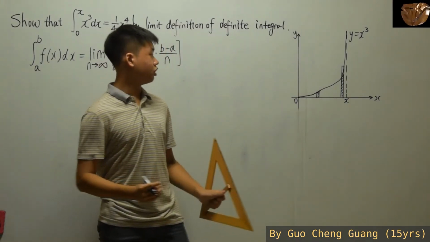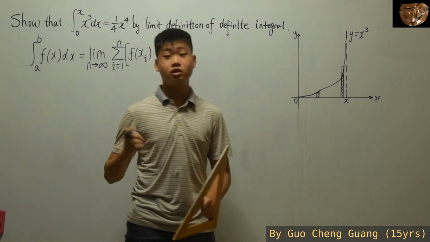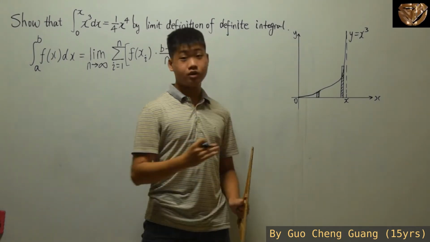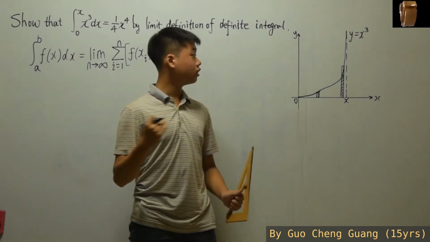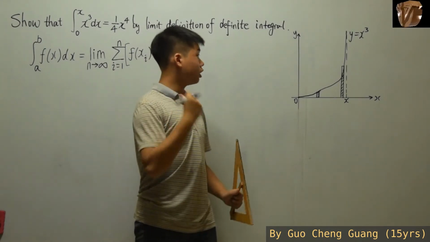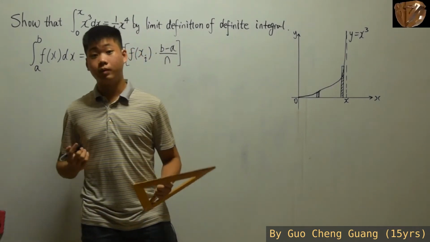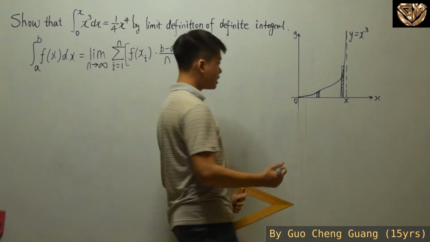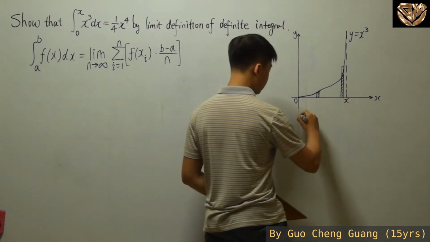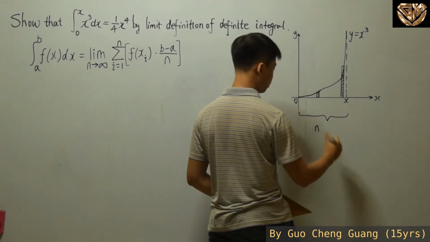Alright, but of course it varies from graph to graph, so not necessarily always underestimation if you're taking the left and overestimation if you're taking the right. It varies. You need to check its concavity, increasing, decreasing, all that. Alright, so how are we going to deal with this problem exactly? Now let's say, since we have many of these little pieces, let's say we have n segments.